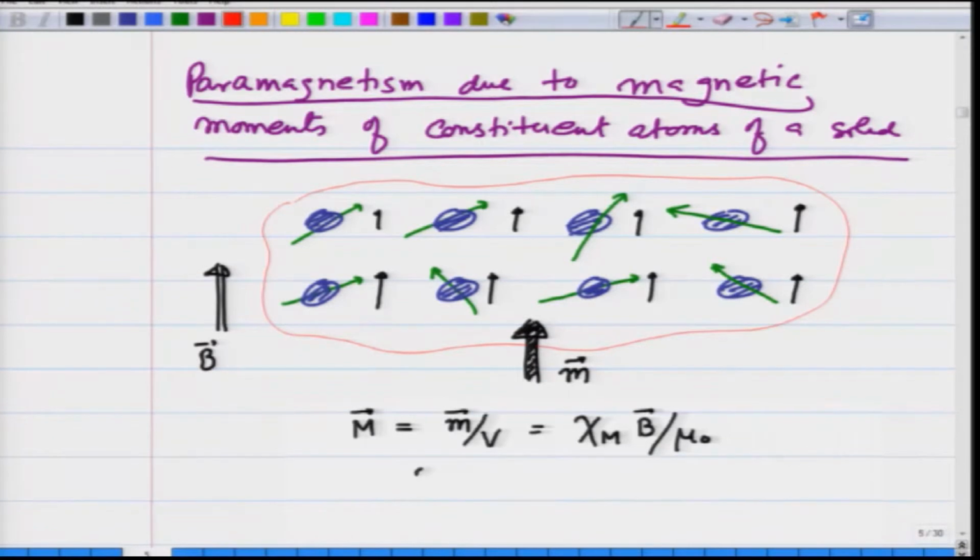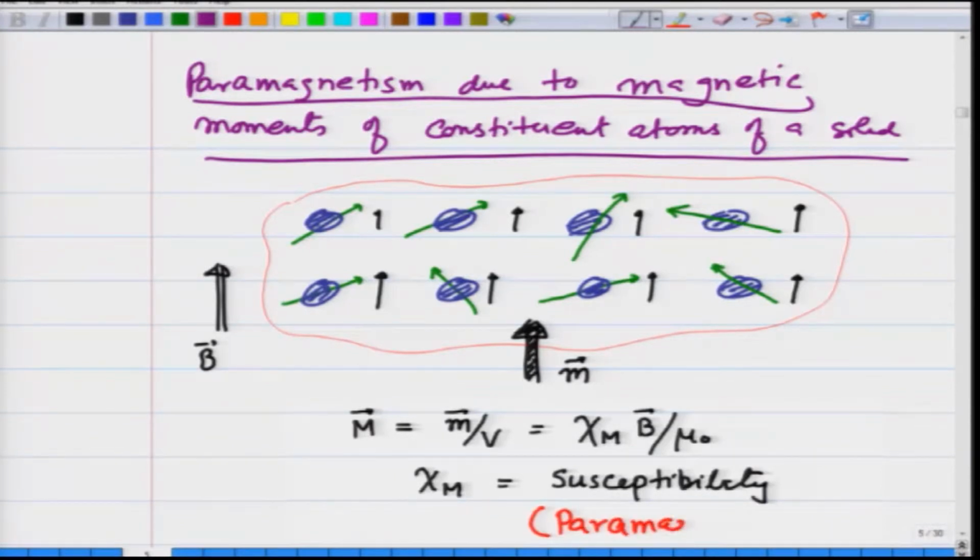Now, in this case, this chi m is the paramagnetic susceptibility.